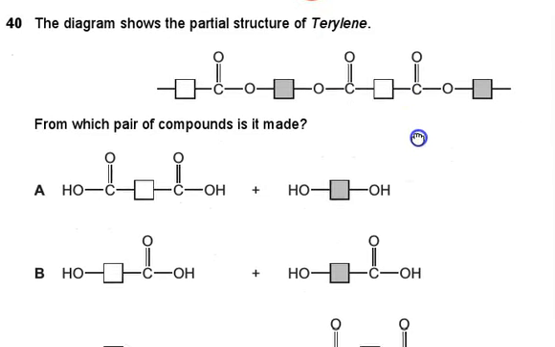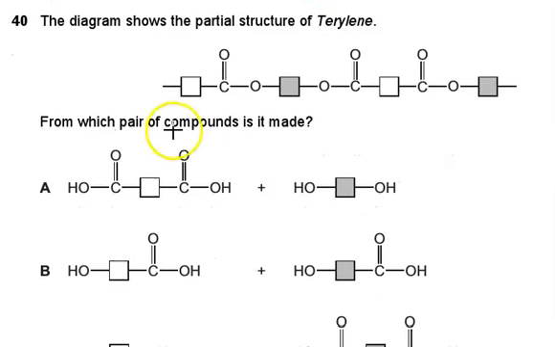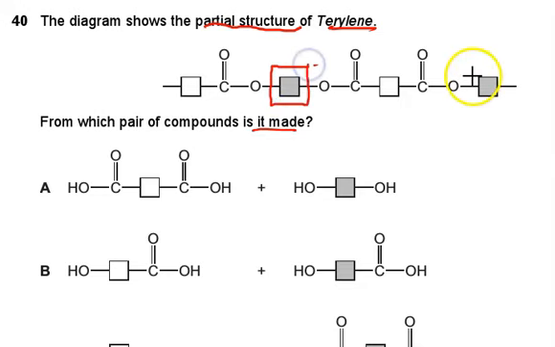Okay, now let us look at this diagram. Question number 40. The diagram shows the partial structure of terylene. So from which pair of compounds is it made? So if you look at here, it can be separated in these two ways. So one is the black box itself and the white box.